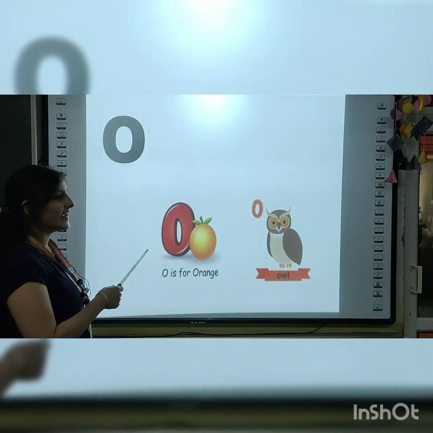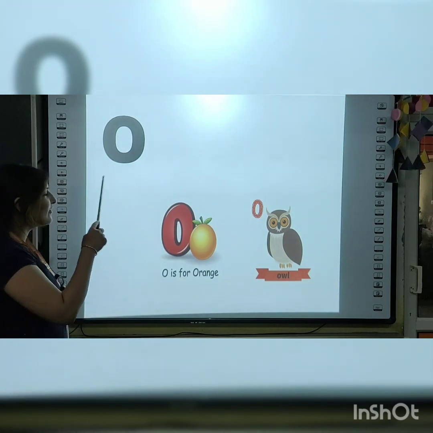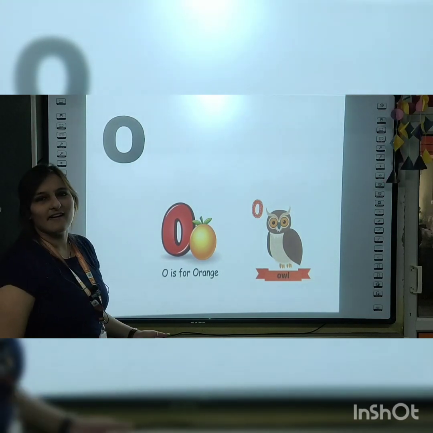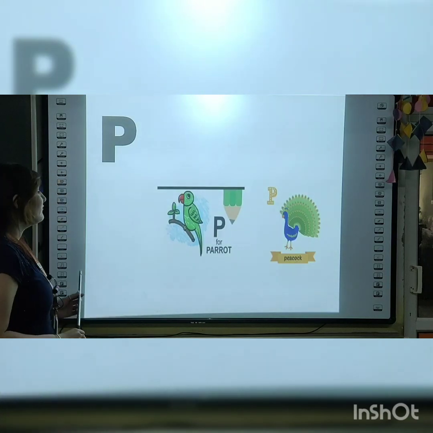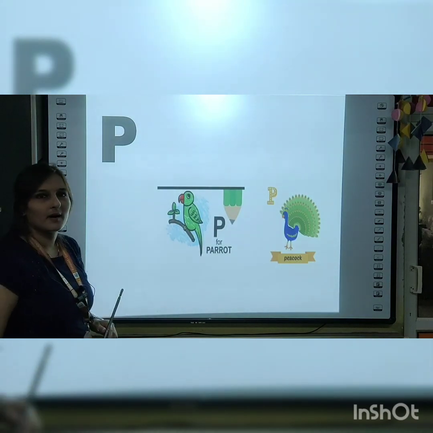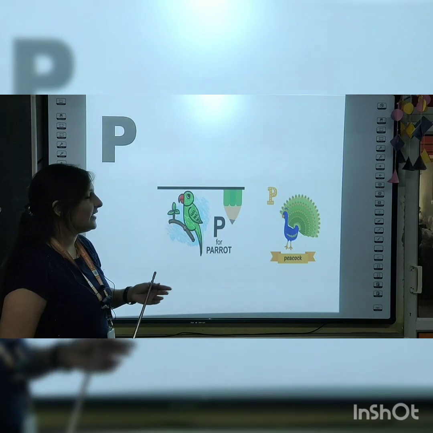O for orange, O for owl, P for parrot, P for peacock.